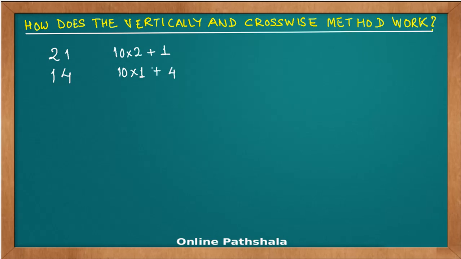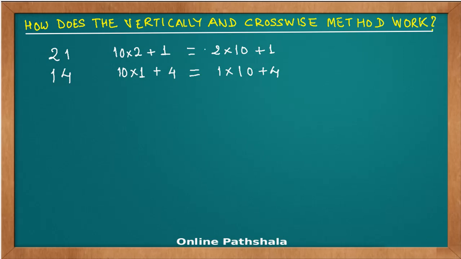Or rather, to get these in front of the 10, because I want to generalize and it will become clearer why, it's good to write it as 2 times 10 plus 1. I think that's a better way, and it suits our explanation. And this is 1 into 10 plus 4.